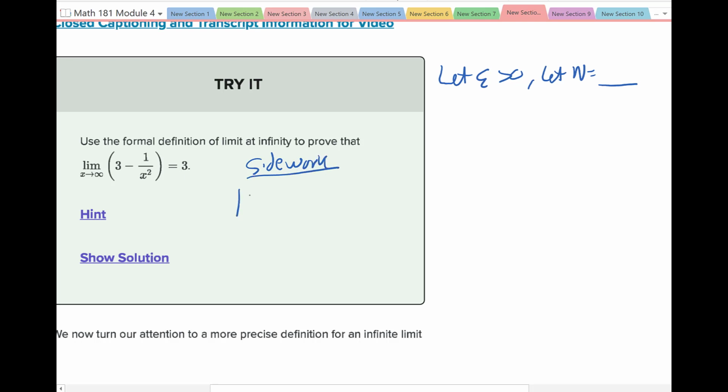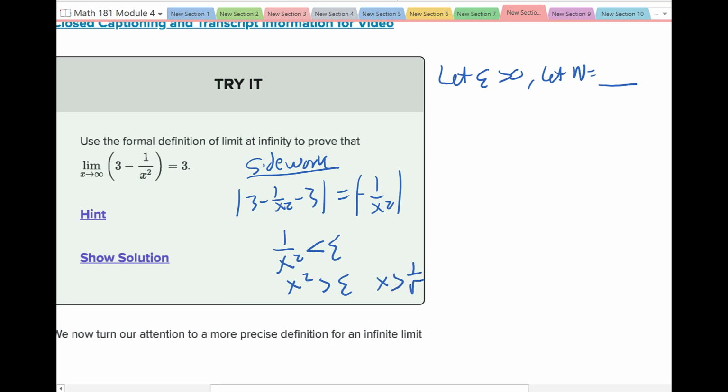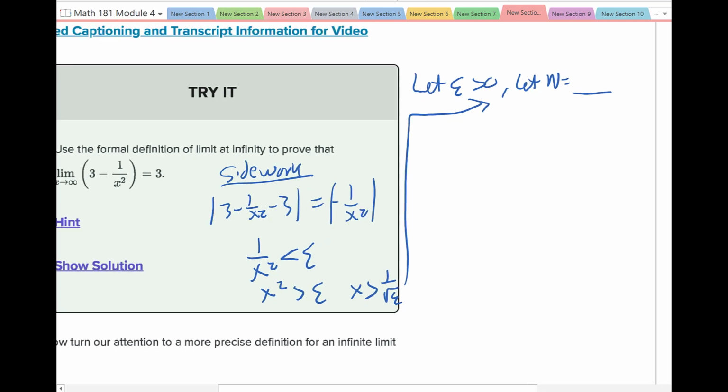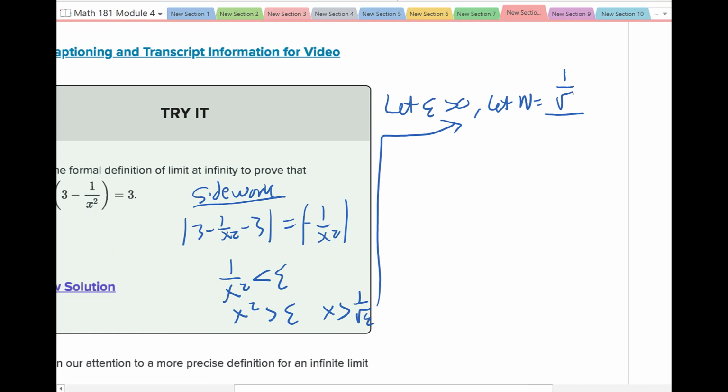We are looking at the absolute value of 3 minus 1 over x squared minus the 3, which is equal to the absolute value of negative 1 over x squared. And being an absolute value, the negative goes away, so it's 1 over x squared. It needs to be less than epsilon, which means our x squared is greater than 1 over epsilon, because if you flip it, the sign changes. And so x is greater than 1 over the square root of epsilon. And that's what we're going to choose to go in here, 1 over the square root of epsilon.